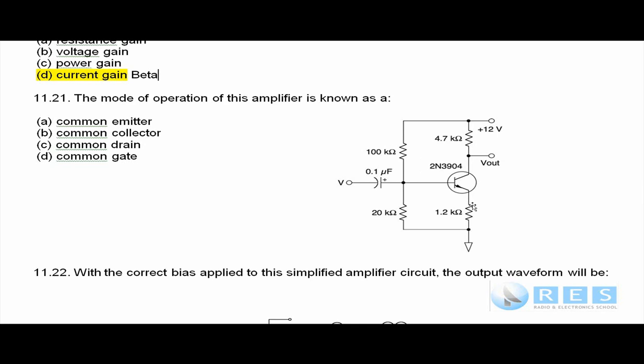This is the emitter, this is the collector, and this is the base, and the emitter is common to both. That symbol means earth, and the emitter is common to both input and output, so that's called a common emitter circuit. And that's the only one you need to know. You don't have to know common collector, common drain, common gate.